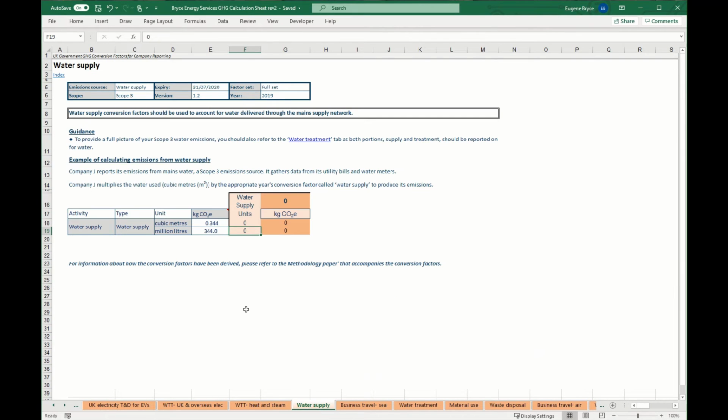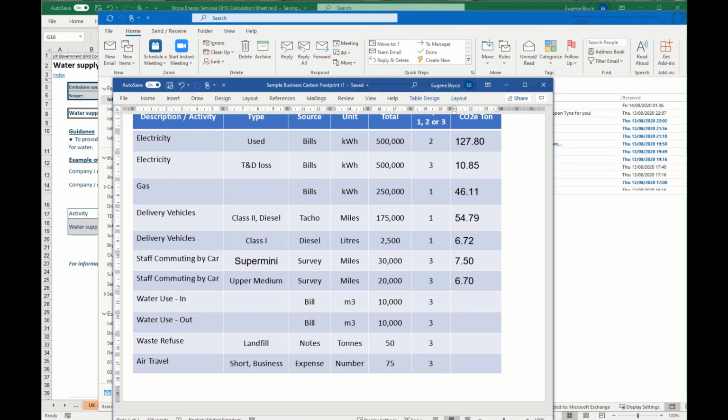Water supply, again, we have million liters or cubic meters. Ours was in cubic meters, so 10,000 gives 3,440, so 3.40 tons.